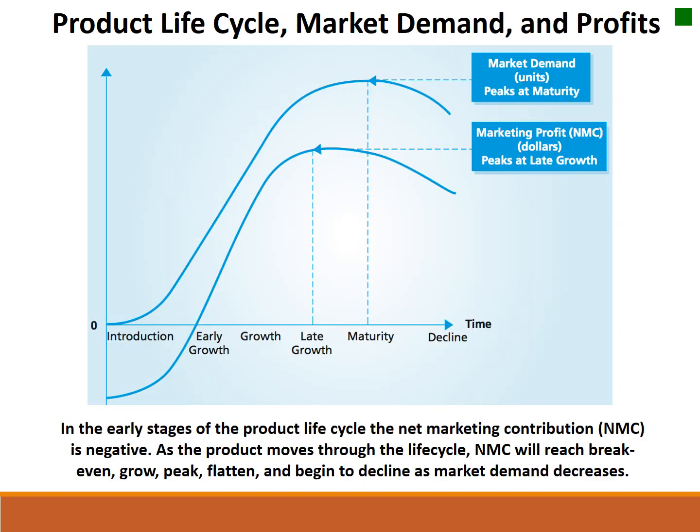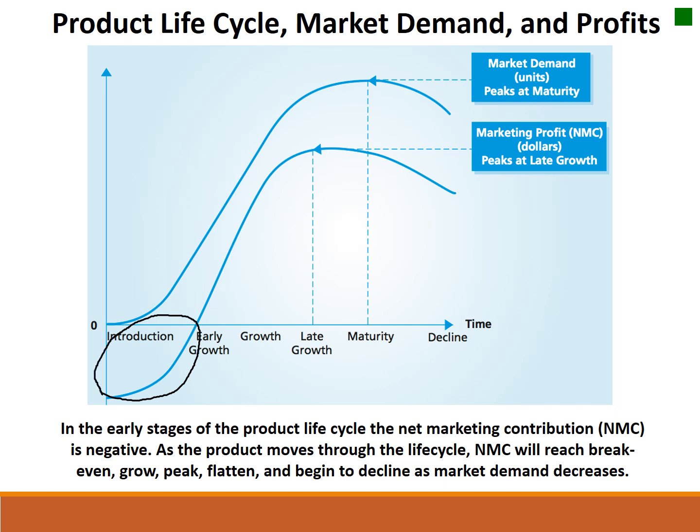This can also be illustrated in another example here when we look at the longer curve of the product life cycle from introduction through the decline stage. We can see how net marketing contribution really takes off, but then at some point levels off and becomes declining at this particular point here. So in an early stage of the product life cycle, the net marketing contribution is negative because we're having to invest a lot in the product launch.